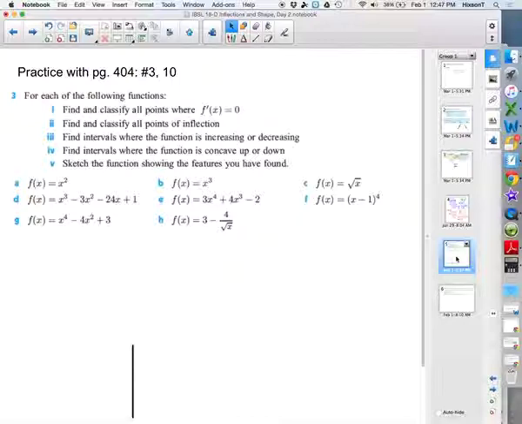The first couple are really easy, so if you're still really fuzzy on the details of what we've been talking about, start with the easy ones. D and E are some other polynomial ones, along with F and G, but then C and H involve some radicals, so they're a little bit different. So take some time and work your way through those.